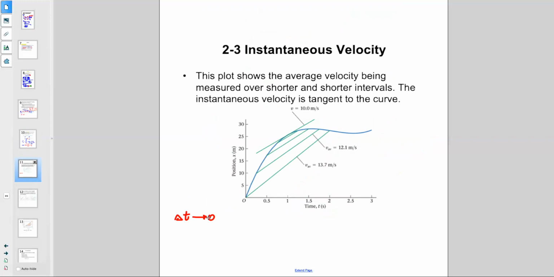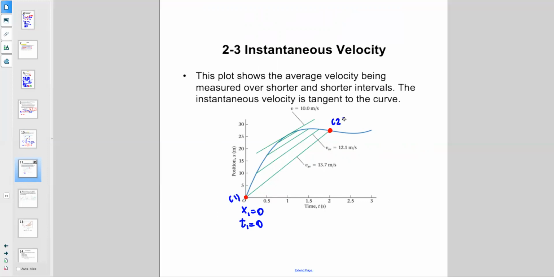So let's take a look at this. For example, position 1 is here, position 2 is there, okay? So I want to find the position. So x1 here is 0, right? And t1 here is 0 as well at point 1.